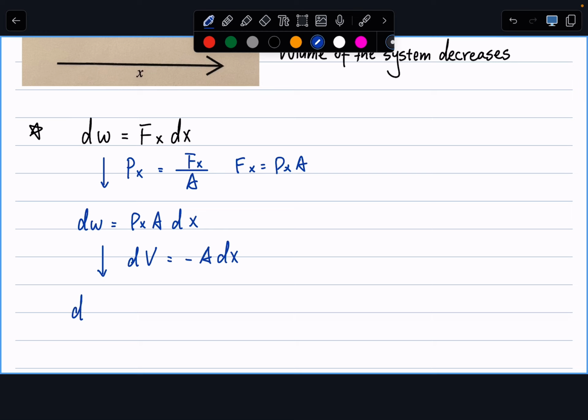We can rewrite dW reversible equals negative Px dV for this closed system and reversible.